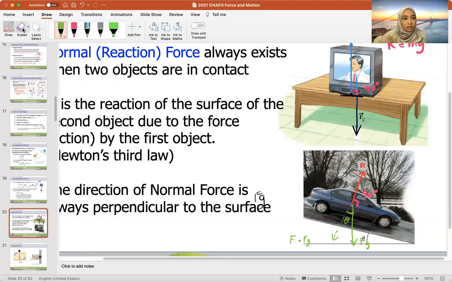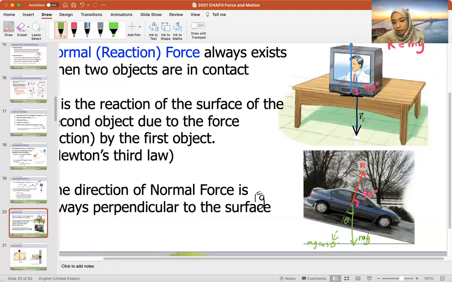Let's just say this is mg lah. This will be mg, your gravitational force. So this would become mg cosine theta. Yay, kita resolve. Okay, so this is where the reaction force gets balanced.